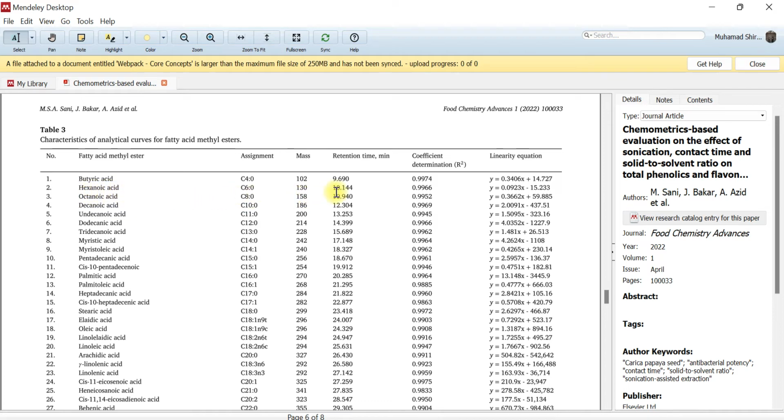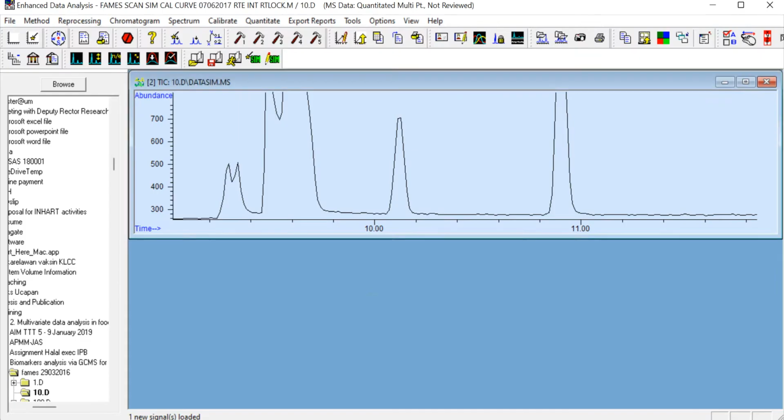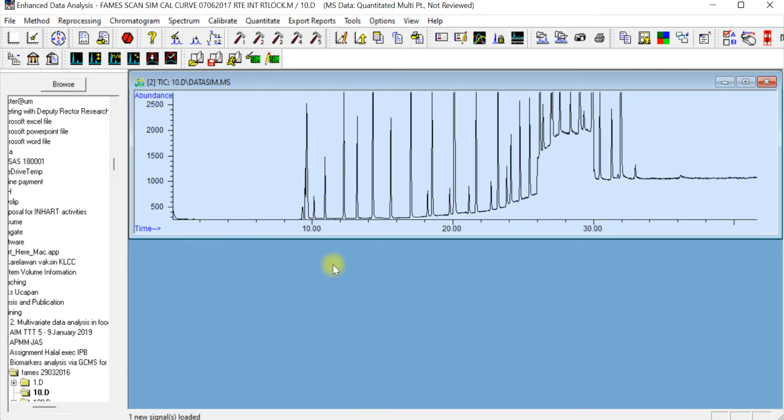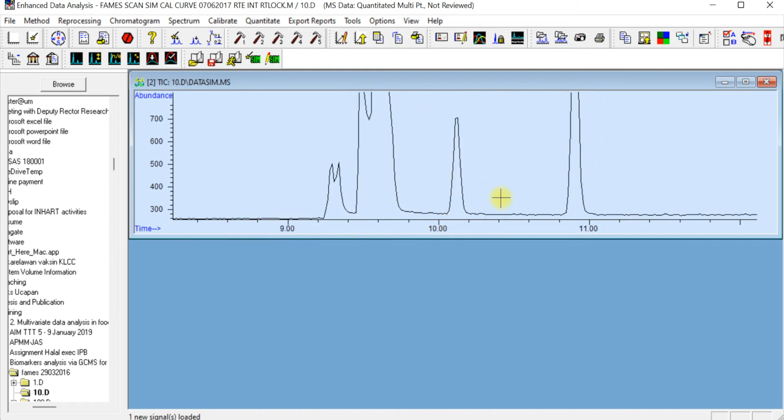This is the one in the paper that I have published, using a similar calibration curve and data. So at 10.144 minutes, this is the hexanoic acid. How do we quantify a sample containing this hexanoic acid? First, let's unzoom. We are looking at this compound again.